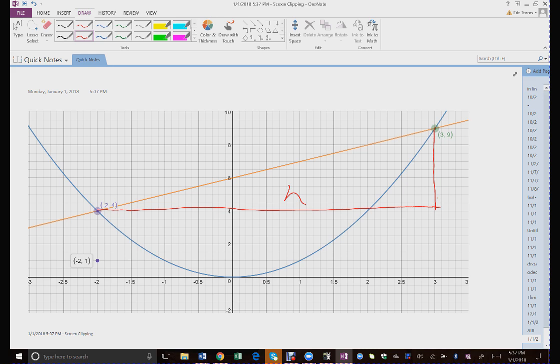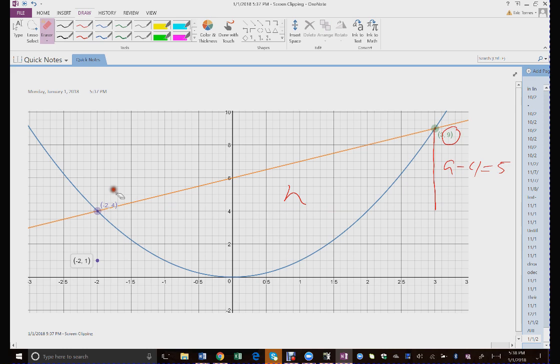So let's check out our calculations. So y2 is 9, y1 is 4. So 9 minus 4 equals 5.